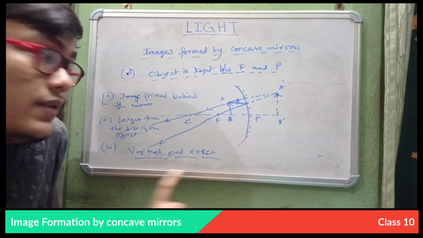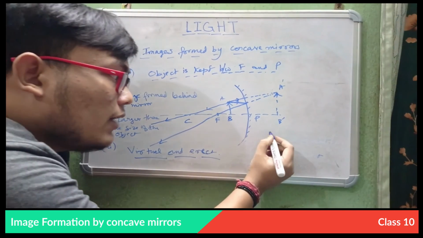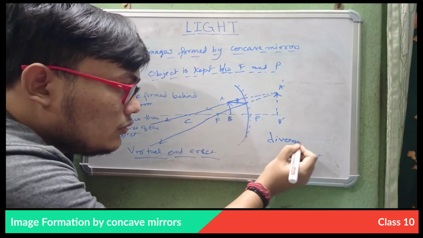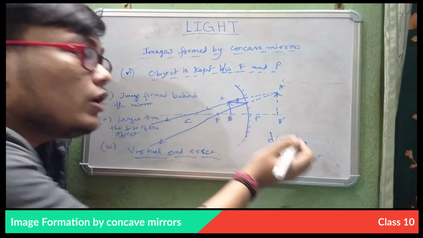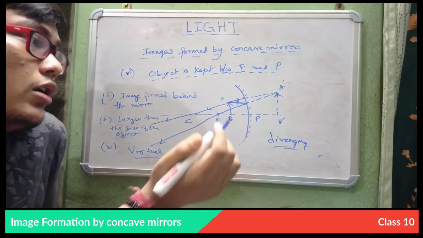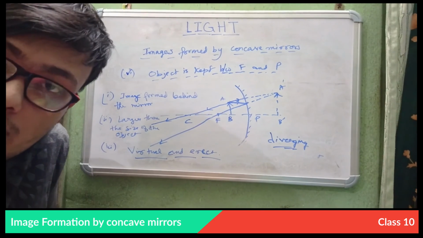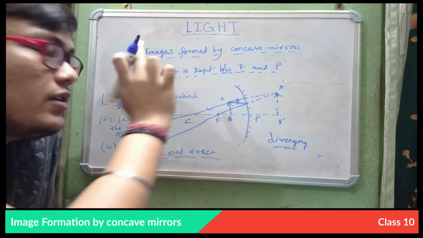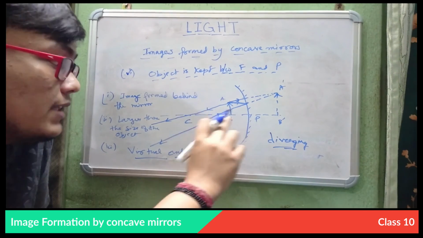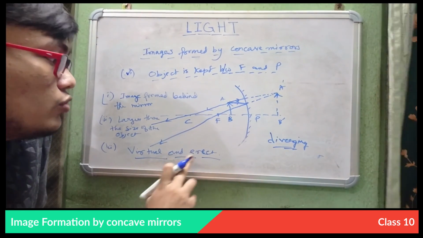Only for this case, since the reflected rays are diverging in nature, right? If you do a recap, for all the previous ones the reflected rays were converging in nature, but only for this case the reflected rays will be diverging, and hence the image formed will be virtual and erect.